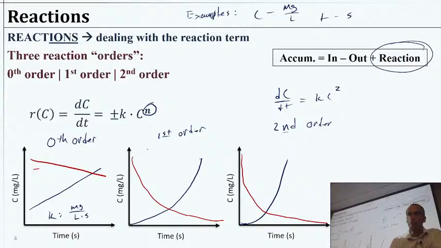For a first order, again, the K has to satisfy everything except C to the 1 power. So K will be in 1 over time units, 1 over seconds, or sometimes you'll see this as seconds to the minus 1. If you see that, you've got a first order reaction. Okay? This is another thing you're going to have to learn to do with the word problems.